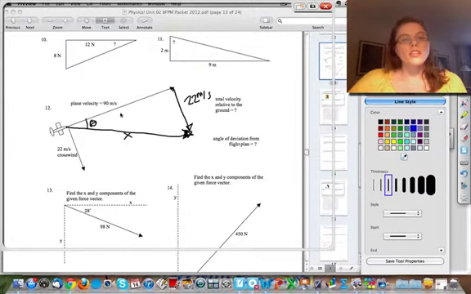Okay, so to solve for x, that's relatively simple because we can just use the Pythagorean theorem. Let's go ahead and do that.